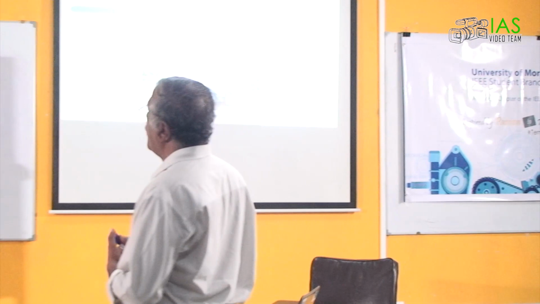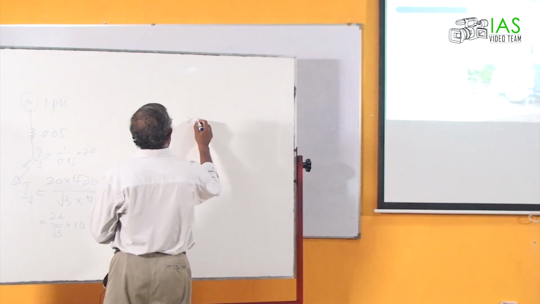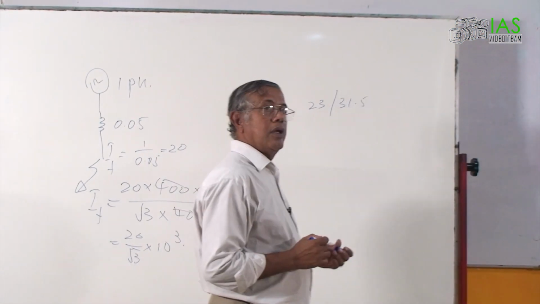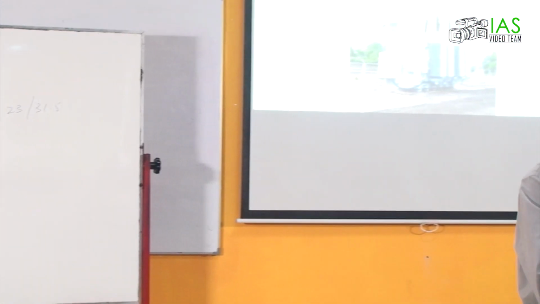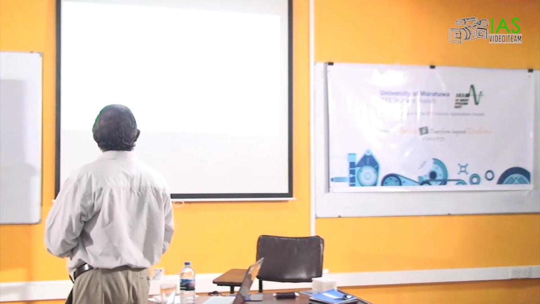A 31.5 MVA transformer gives 23 MVA slash 31.5 MVA. What does this mean? That means without the fans, you can load up to 23, and then the fans start automatically. Then you can go up to 31.5 MVA.